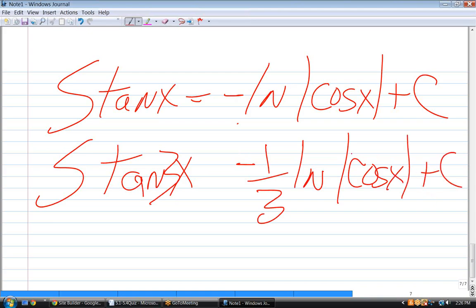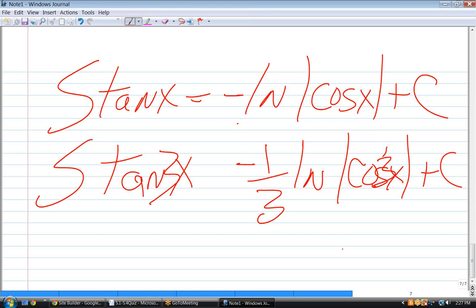And just to test it, let's differentiate that. Whoops, I need a 3x in there. Yeah. Because I'm going to end up with 1 over cosine of 3x times the negative sine of 3x times 3.